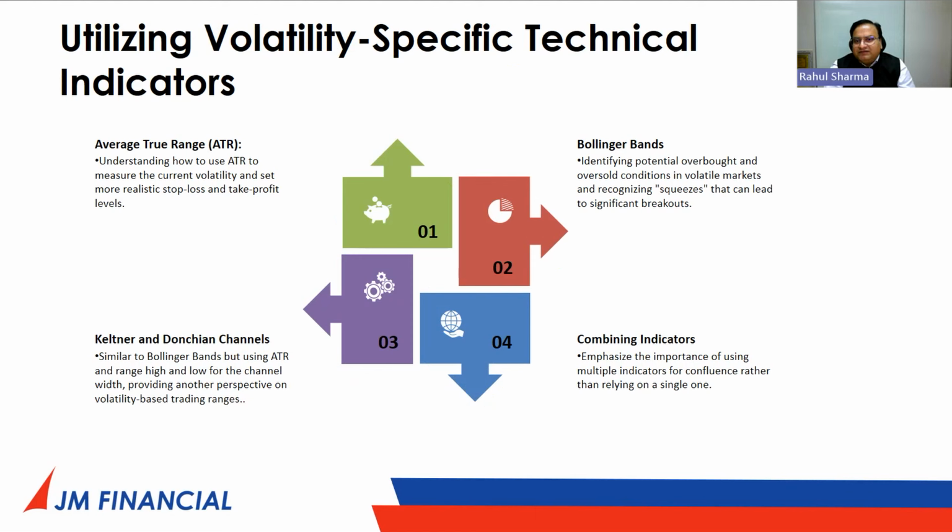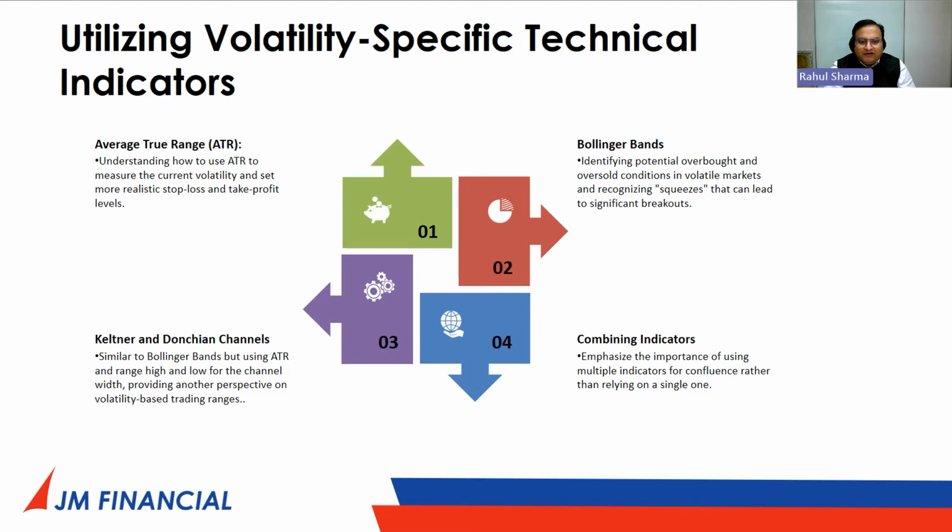Now, how can we utilize volatility? There are these indicators that we discussed. These are the 4 indicators broadly which can be used. We have the average true range, which can be used to measure the support and resistance levels. You have the Bollinger Bands, which can identify overbought and oversold zones, and you can also identify the squeeze areas that can lead to significant breakouts.